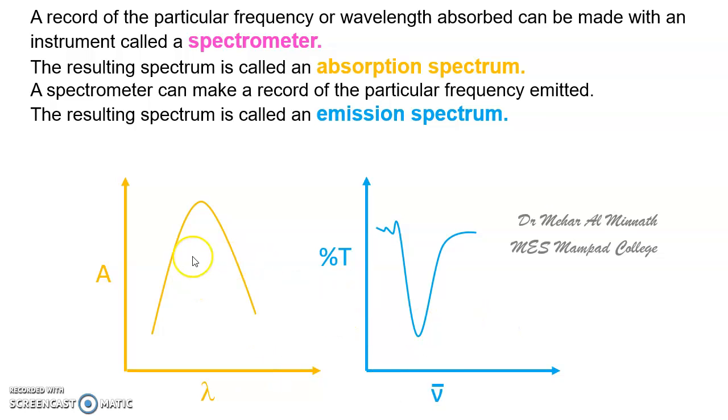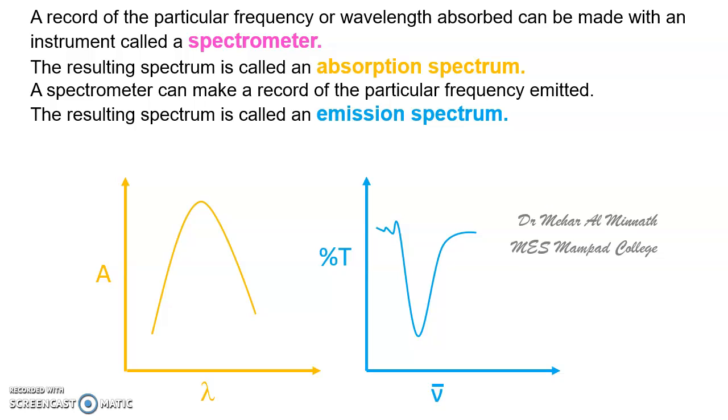The width, height, etc. of these plots depend upon the molecule, the structural parameters of the molecule. So every molecule will have its own specific absorption spectrum or emission spectrum. And the spectrum will give us information regarding the structure of the molecule.